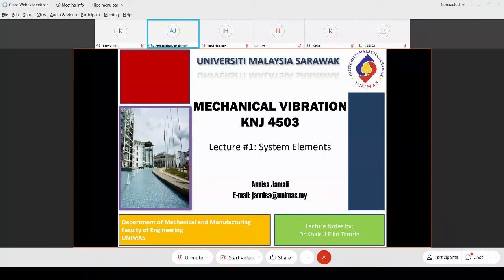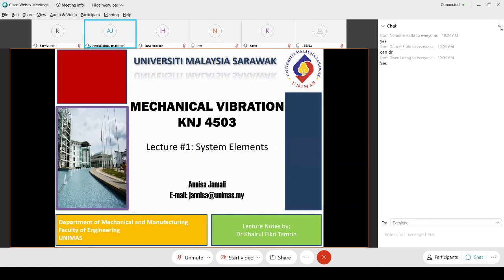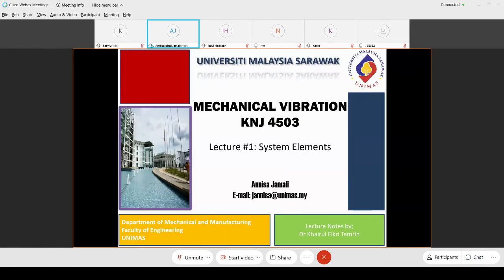vibration. And we touched also on the types of vibration system, which is free vibration, forced vibration, undamped and damped vibration. So we defined all this during our previous class. In fact, we also touched a bit on the different classifications of vibration, which is linear and non-linear vibration, deterministic and random vibration.